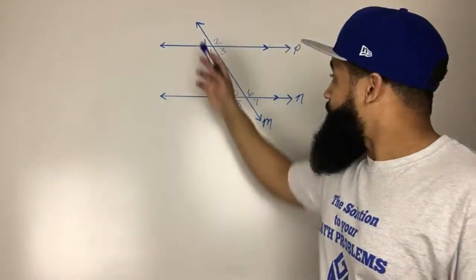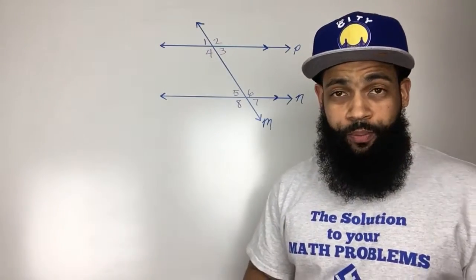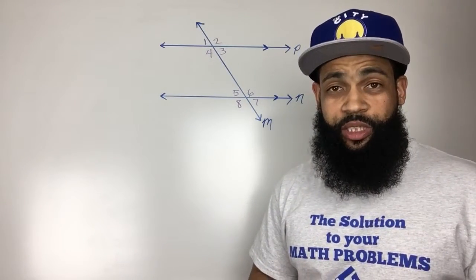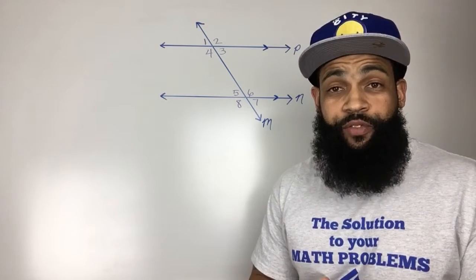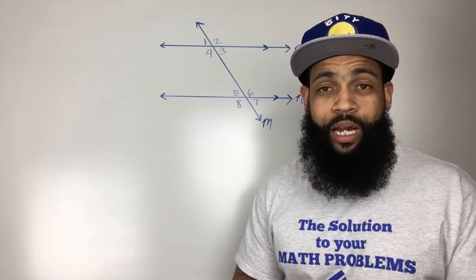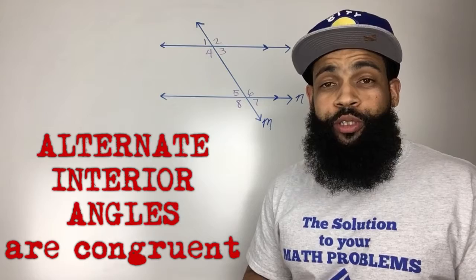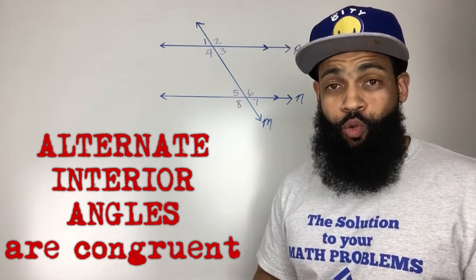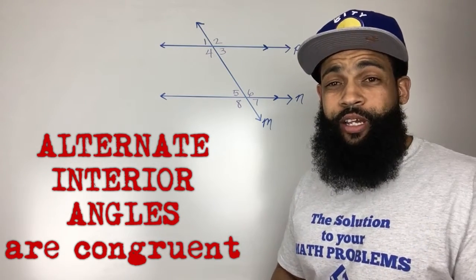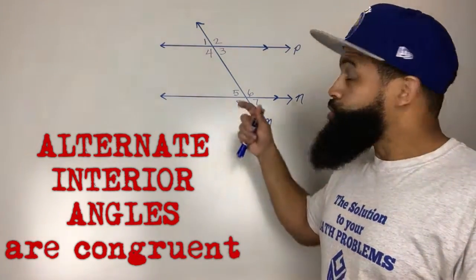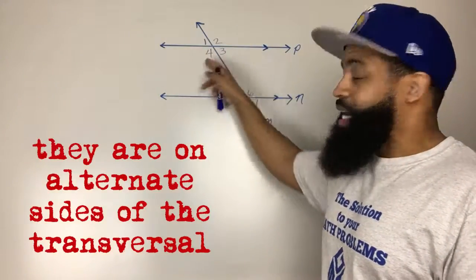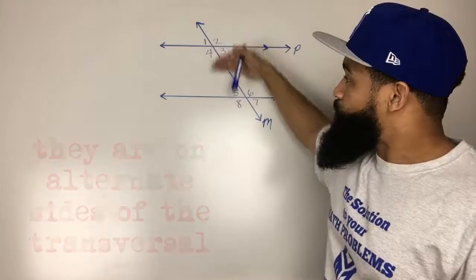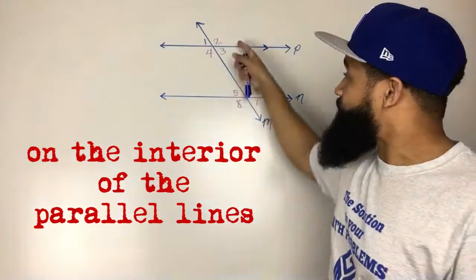So if line M is a transversal, then there's a theorem that tells us that when a transversal intersects two parallel lines, alternate interior angles are congruent. Well, what are our alternate interior angles? First of all, alternate means opposite sides, and interior means those two angles are inside the set of parallel lines.